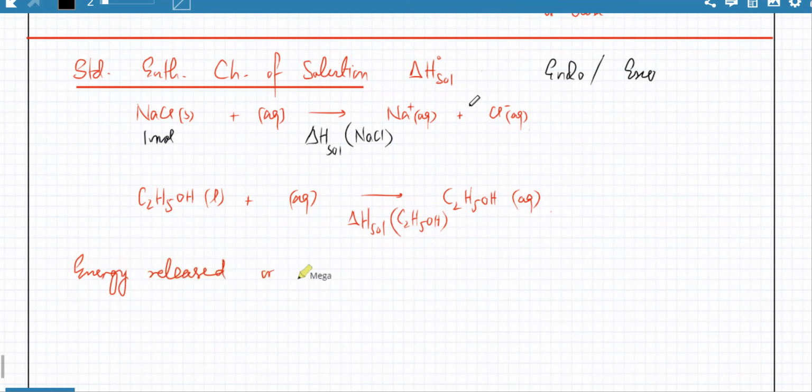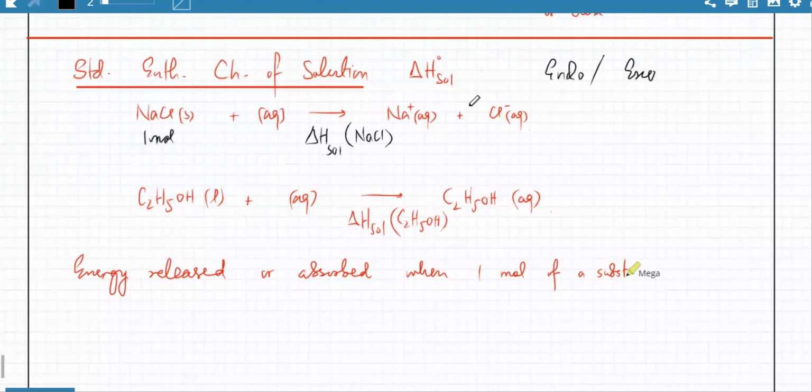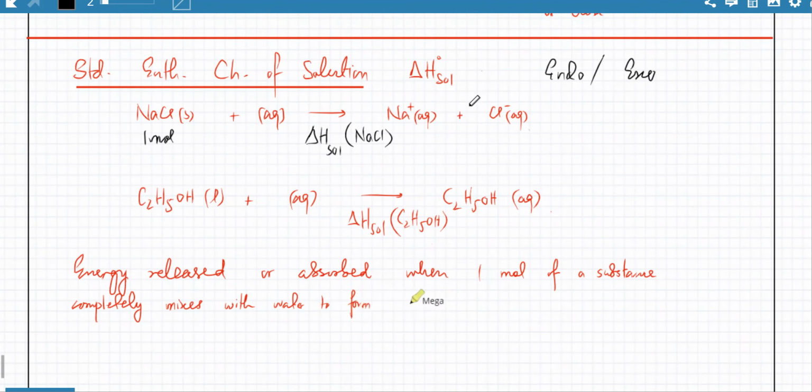It's the energy released or absorbed when 1 mole of a substance completely mixes with water to form an infinitely dilute solution, which basically means to form a dilute solution. It could be endo, it could be exo.